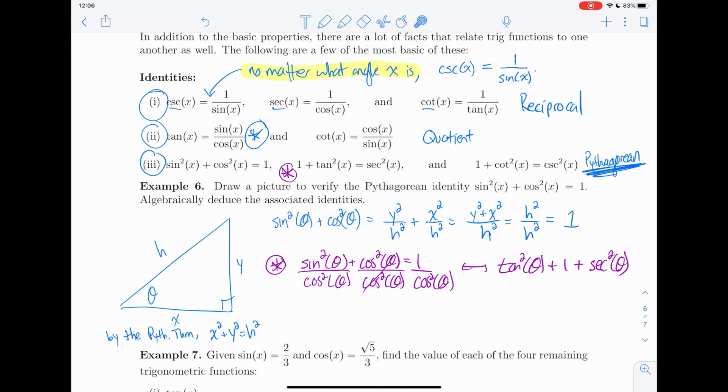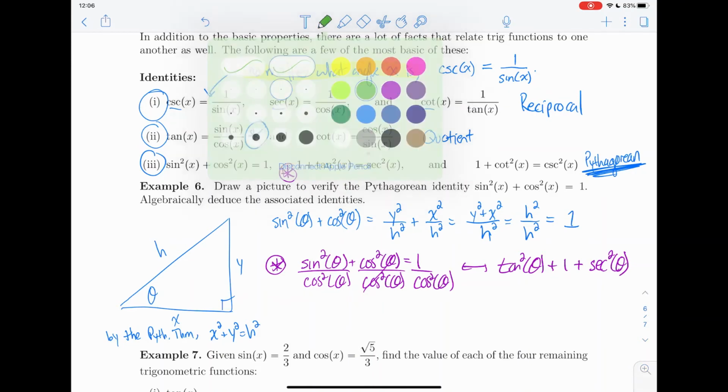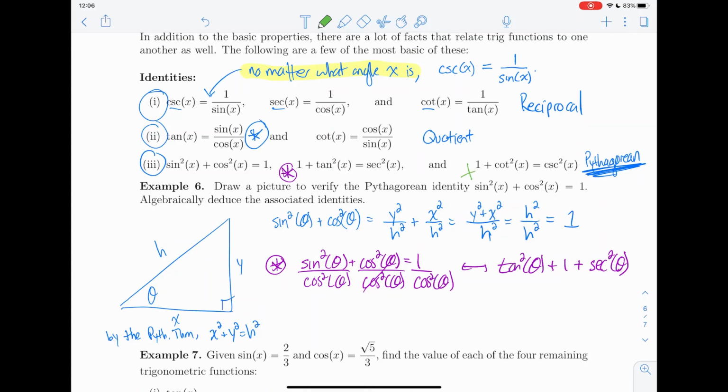You might now guess that if instead I wanted to do this third Pythagorean identity, which I'll do in green, what I might do is take the original Pythagorean identity, just like I did in the previous step, and divide everything not by cosine, but by sine.